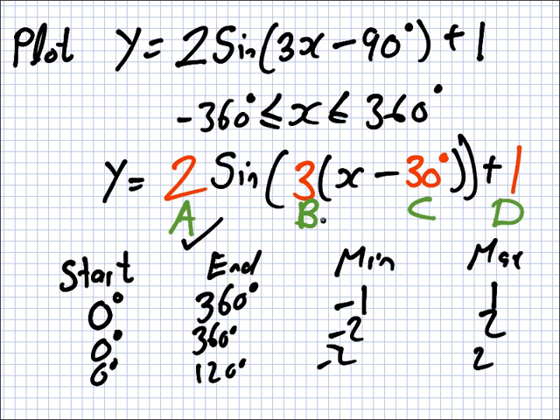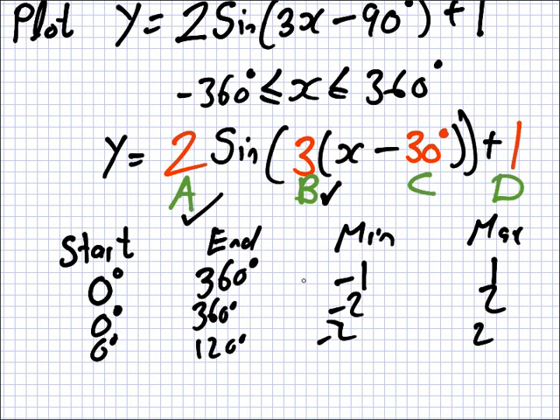B is good, yes? Right, what's the effect of the C? So moves it left or moves it right? Right. Yeah, so starts at 30, ends now at 150, and then -2 and 2 still.